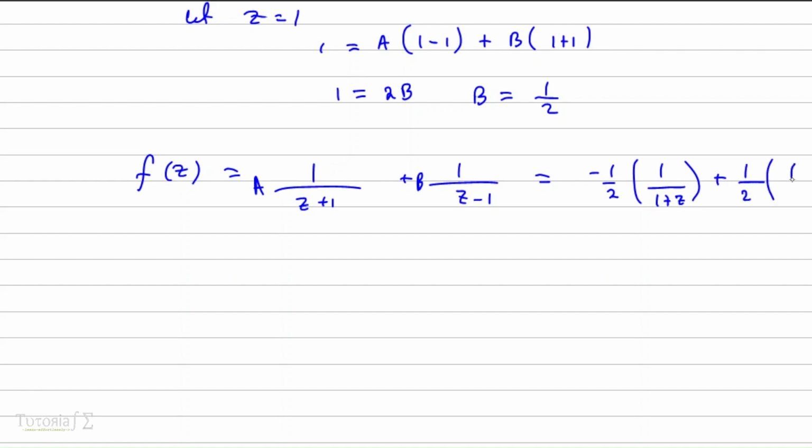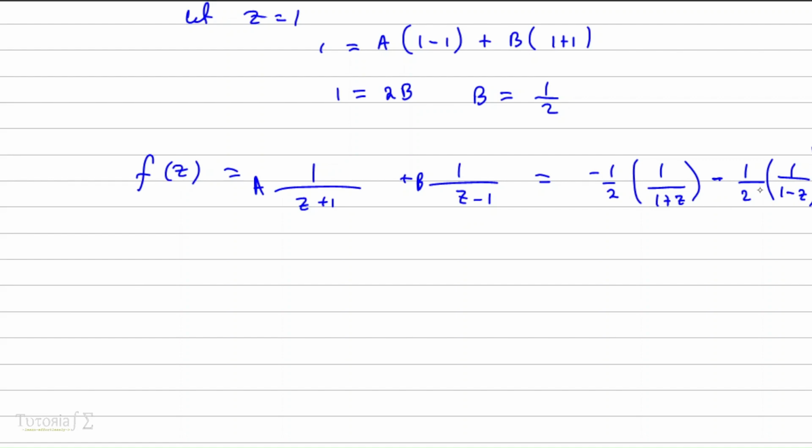The b part can be written as 1 over, I can factor out the negative down here so that I write it as 1 minus z. Okay, so there's a reason I'm doing this.